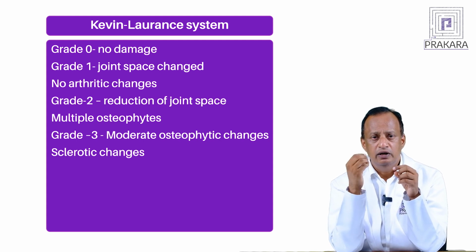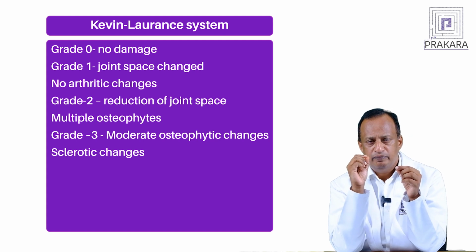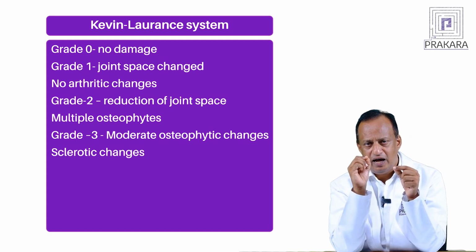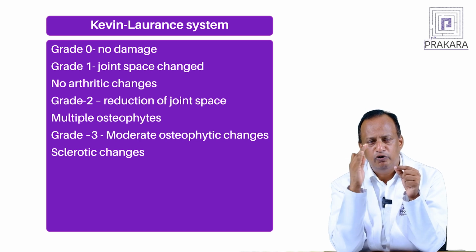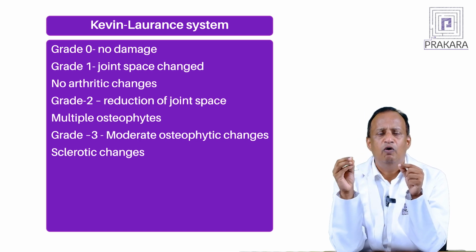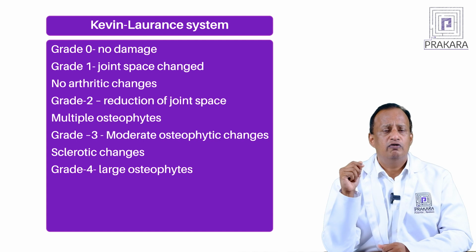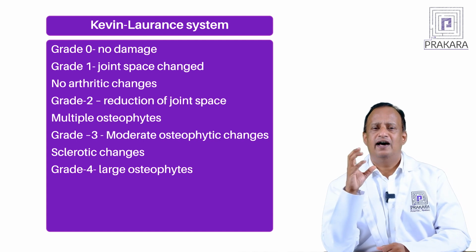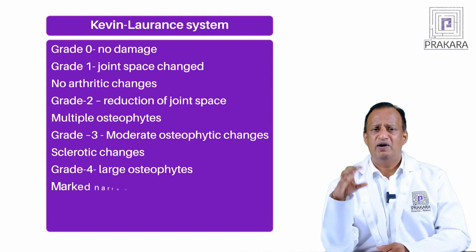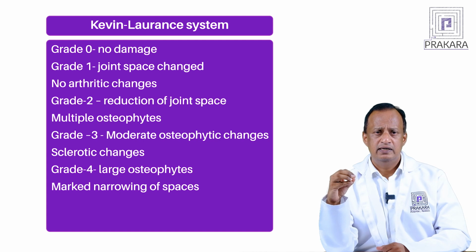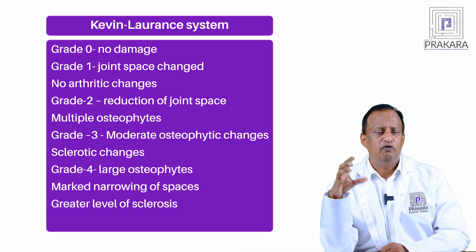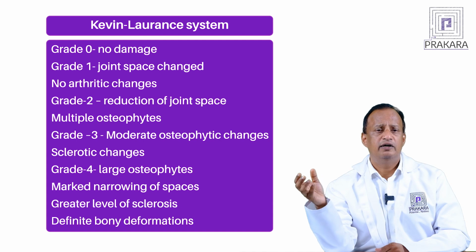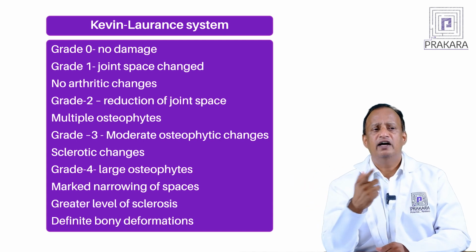Because of the compression, there is damage to the minute arteries of the bone, preventing blood flow to that area, and they become white. In grade 4, what we find is large osteophytes, marked narrowing of the spaces, a greater level of sclerosis, and definite bony deformities at the ends.